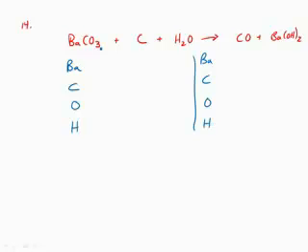Okay, so I have 1 barium, I have 2 carbons, 3 plus 1, so I have 4 oxygens, and 2 hydrogens. Over here I have 1 barium, I have 1 carbon, 1 plus 2, so 3 oxygens, and 2 hydrogens. Alright, my barium looks good.